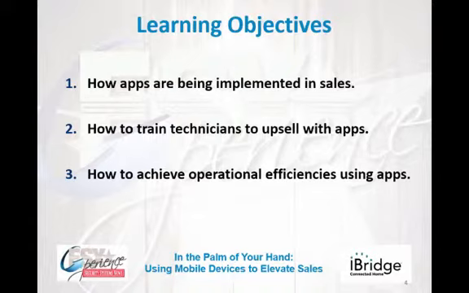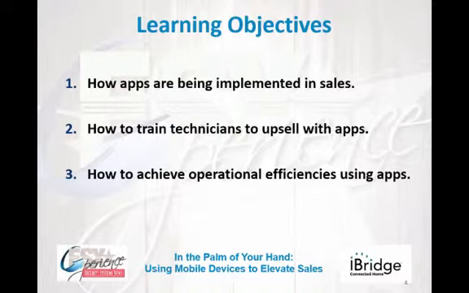Each of these professionals is going to tackle an individual topic, and that'll be the format that we use for you. Our learning objectives are very straightforward, kept nice and simple. First, we're going to talk about some of the tactical overview options you have with implementation and how the apps are being implemented in sales. We're also going to talk about training technicians.